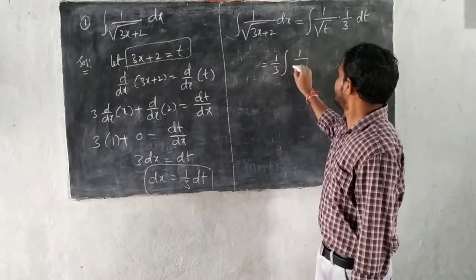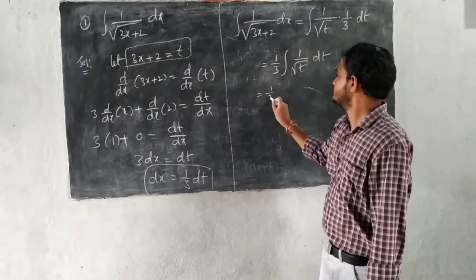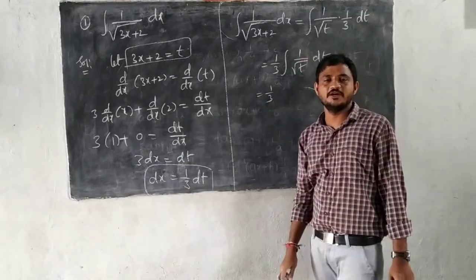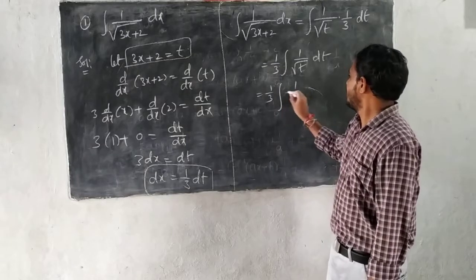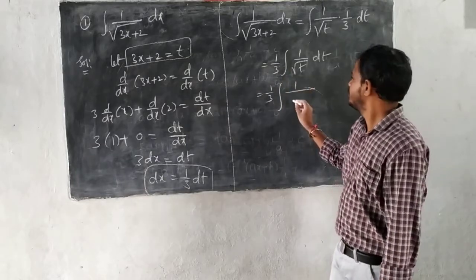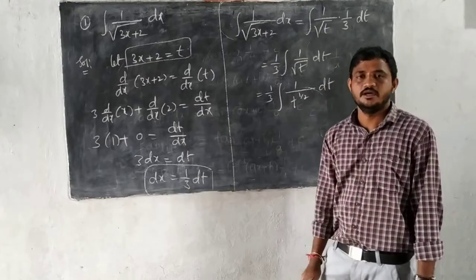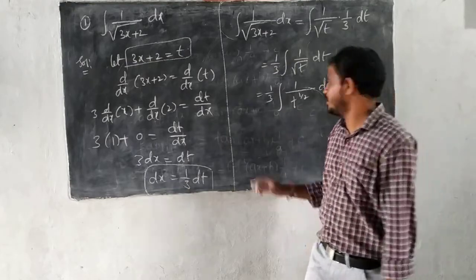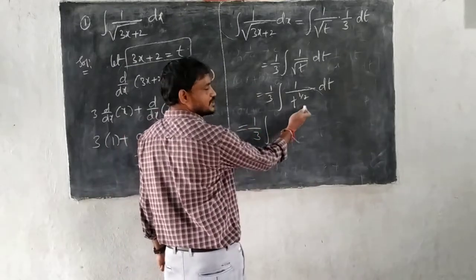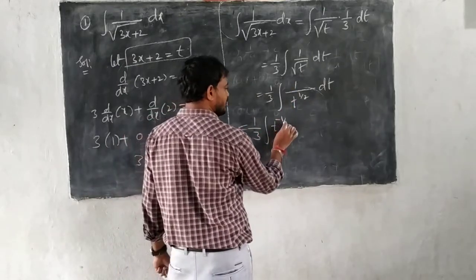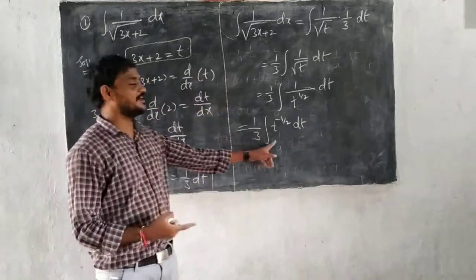So integral 1 by root t into dt. We don't have a direct formula for 1 by root t. So write root t as t to the power of 1 by 2. Again, it is not in standard form. So write it as integration, take this total function to the numerator. It becomes t to the power of minus 1 by 2 into dt. Now it is converted into standard form.